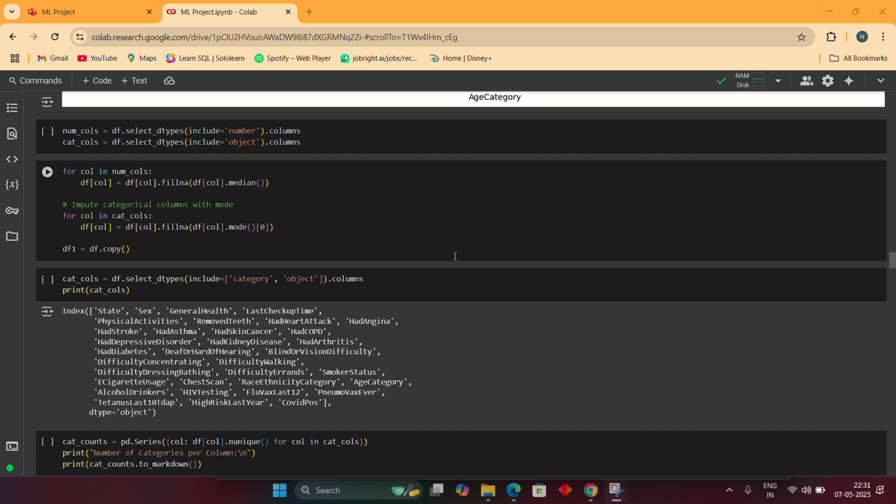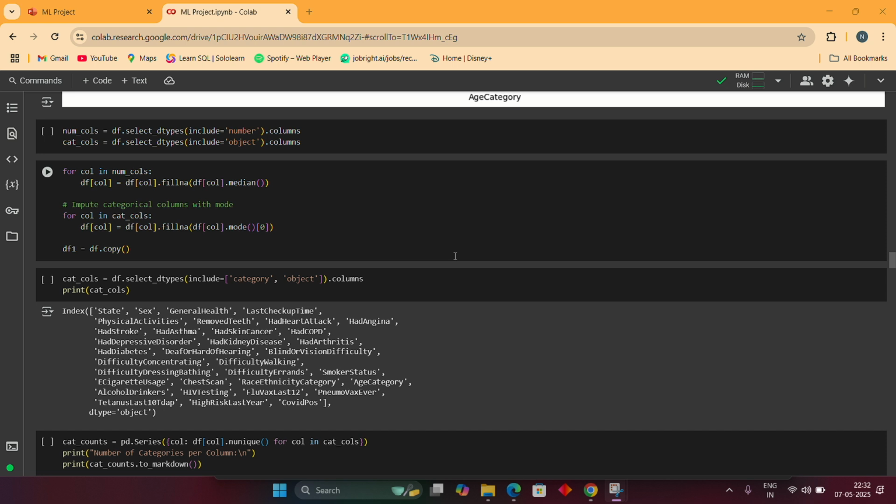Like if you have sex, male and female, it will assign male as 0, female as 1. But the problem with this methodology is that machine learning, as you know, is all about weights and numbers. So it creates some kind of bias in the model when different attributes are numbered differently. Here, the higher number will get more bias than the lower number.